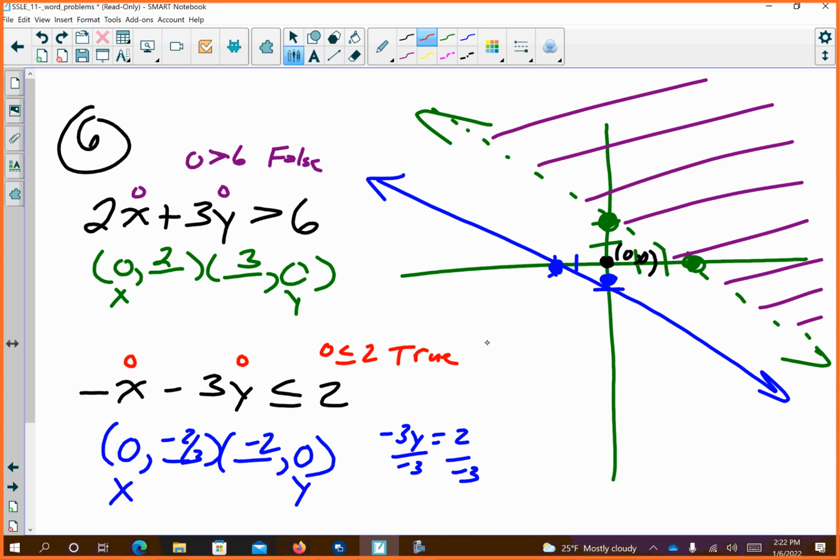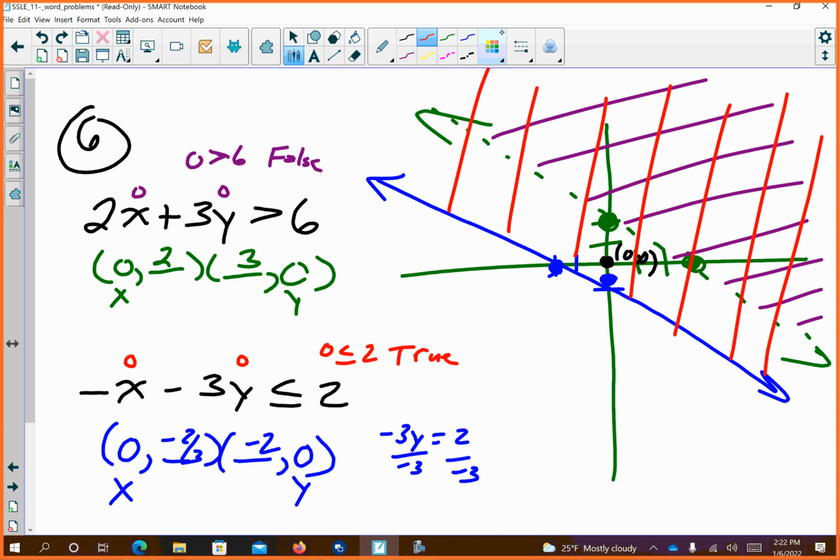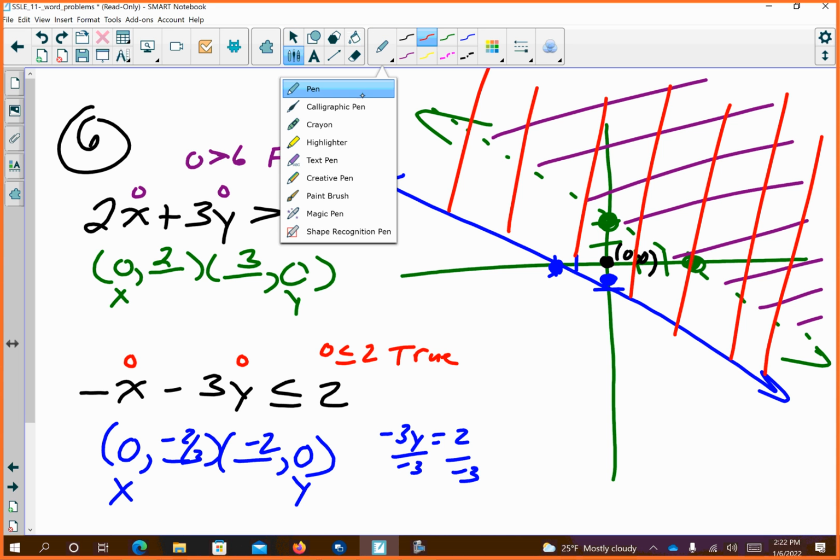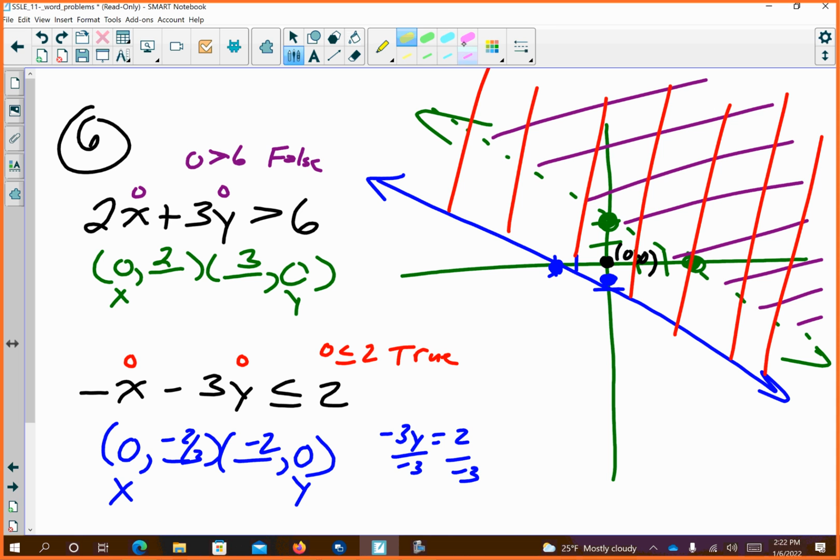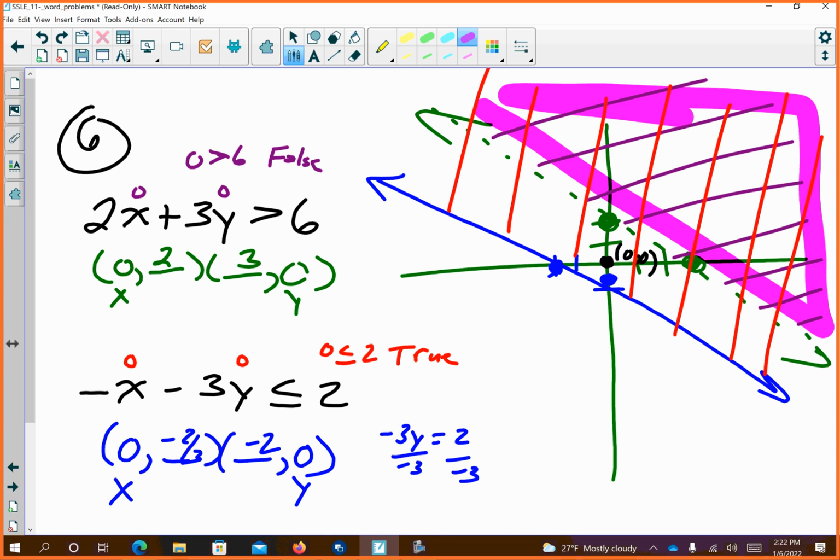So I shade the side of the blue that the 0, 0 is on. Is there crisscross action that's taking place? I certainly think so. All right, highlighter. This is the region that our solution fits in. Okay?